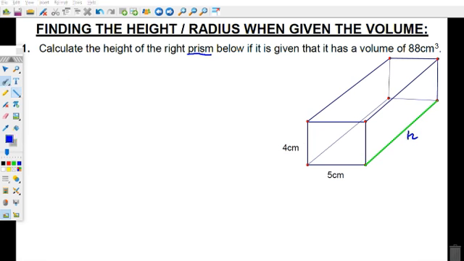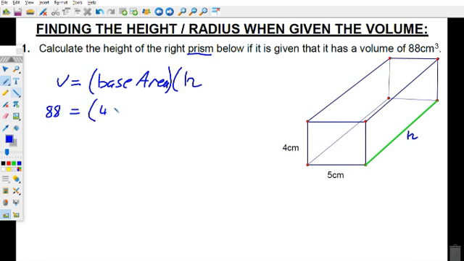So the formula for volume is volume equals my base area multiplied by my height. What is my base shape here? It's a rectangle, so it's a 4 by 5. So we're going to say 88 is equal to 4 times 5, because that's the area.